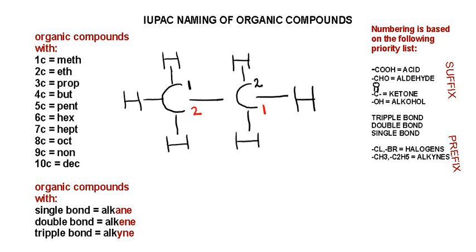Since we have 2 carbons in this organic compound, the name is et, because an organic compound with 2 carbons is called et. So the parent name of this compound will start with et. So we write et.